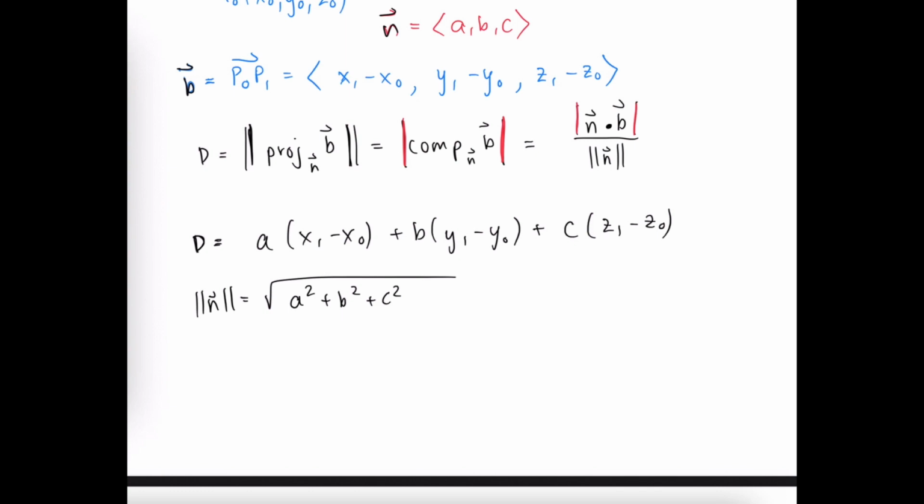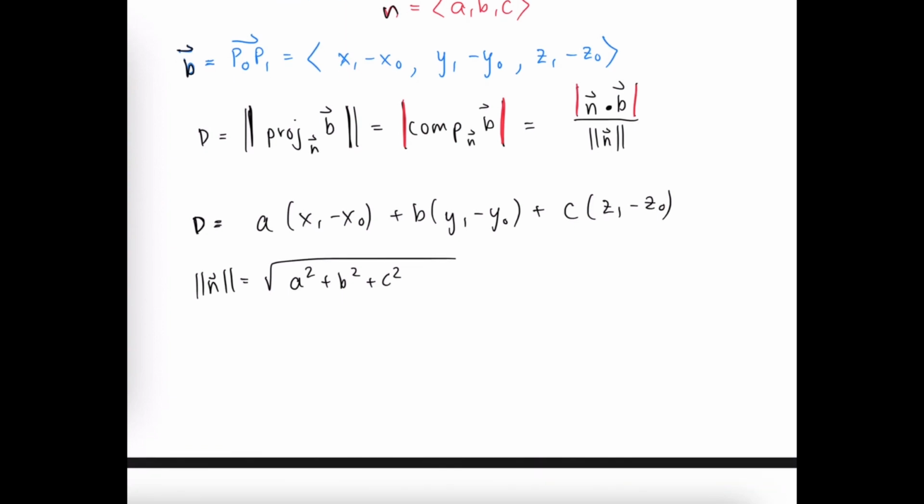So let's put these in our formula. Actually, let's say this is just going to be that dot product, not quite d yet, n dot b. And now we'll put all of that together to say we're looking for the absolute value of, and in this step let's also distribute a, b, and c into these parentheses.